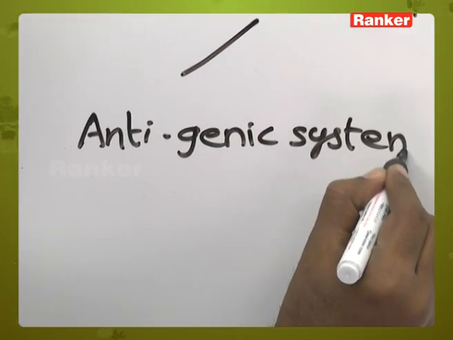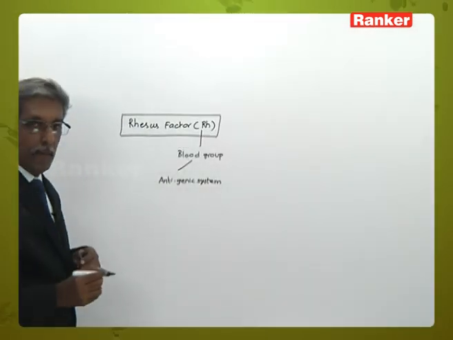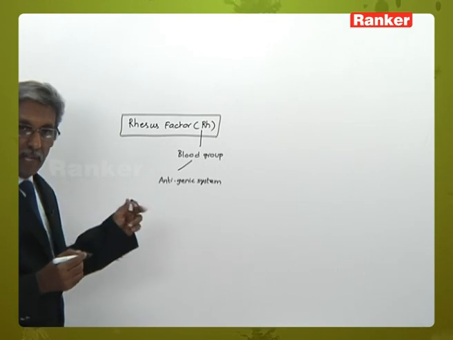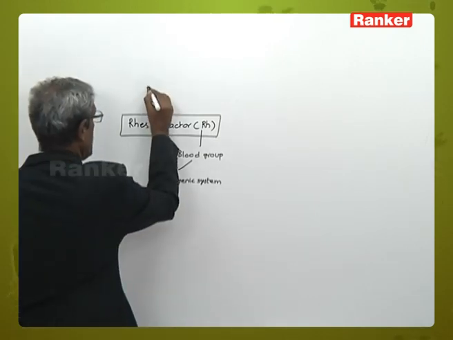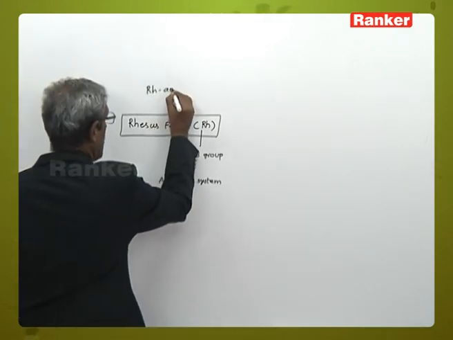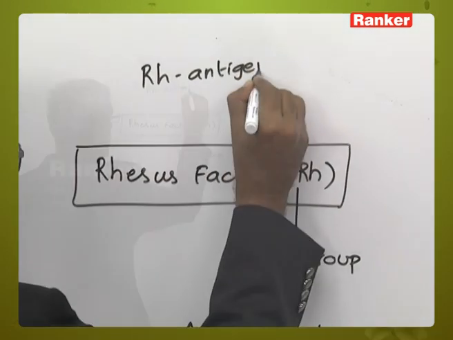It is a foreign protein, and whenever there is the presence of RH, it is represented as an antigen or a foreign body.